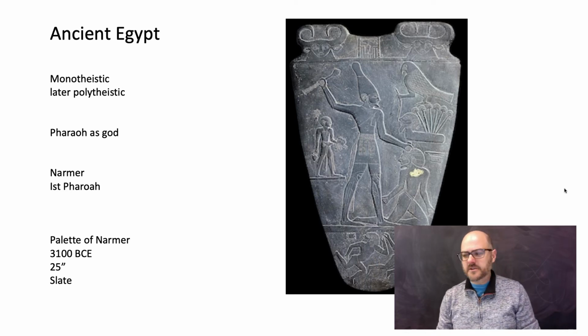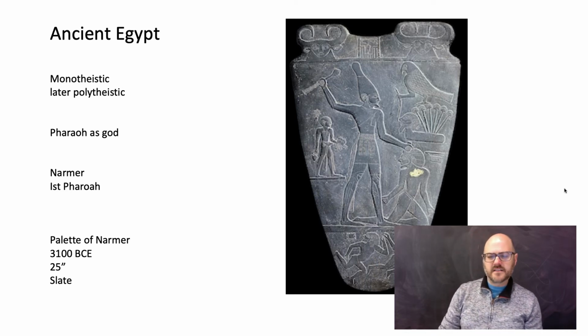What's interesting about the Egyptians is that they believed in this pantheon of gods and have a lot of art dedicated to it, but they also believed that their king, their pharaoh, was also a god as man. That's really interesting if you think about it. This is the first king to become a pharaoh, and his name is Narmer.